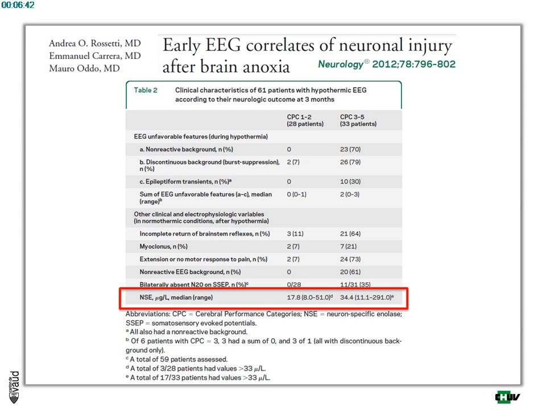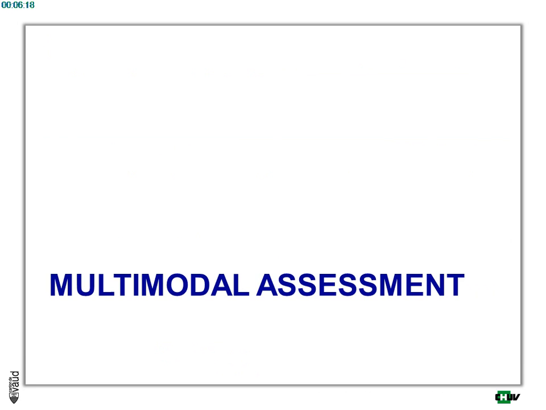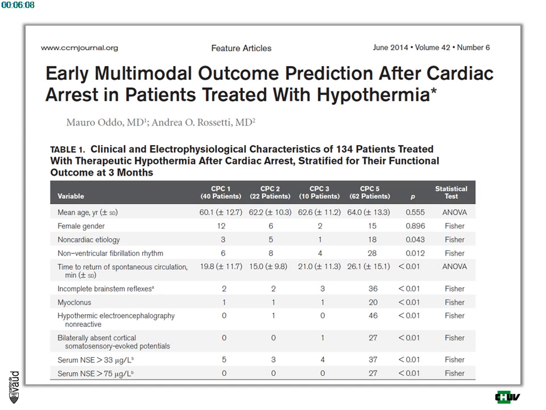In people with CPC 1 or 2, the range was between 8 and 51 for NSE. So you can't just go by the value of one single biomarker, even if you have repeated tests. If there are problems in terms of tests or hemolysis, don't just rely on one biomarker. You should mostly rely on the multimodal approach. This is what we do more and more nowadays.